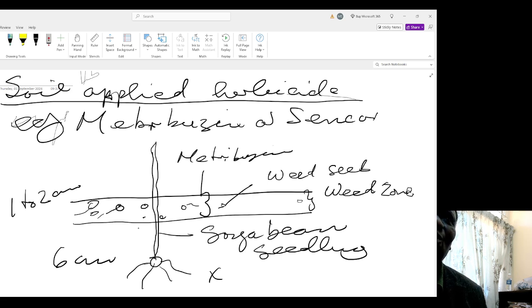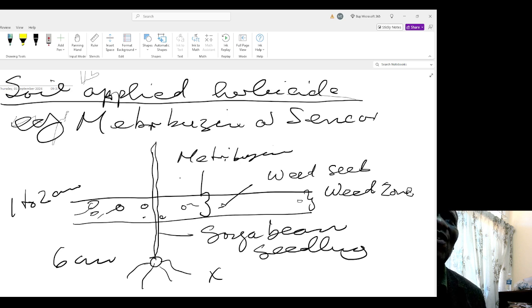They get into contact with the metribuzin, and when they germinate, they will take the herbicide, and they are likely to die. Whereas soybean, because it is placed at 6 centimeters, it's not likely to get the herbicide.